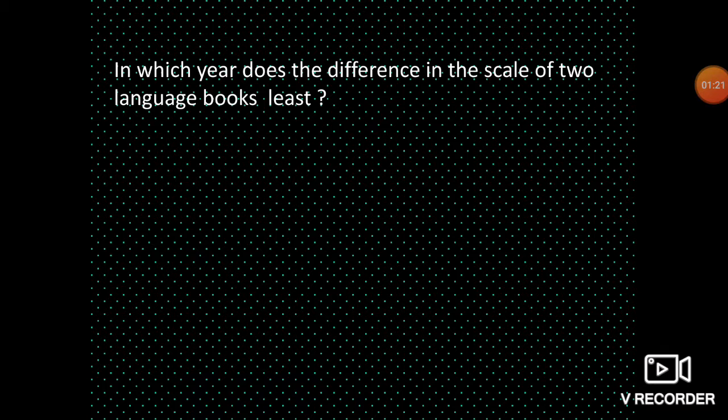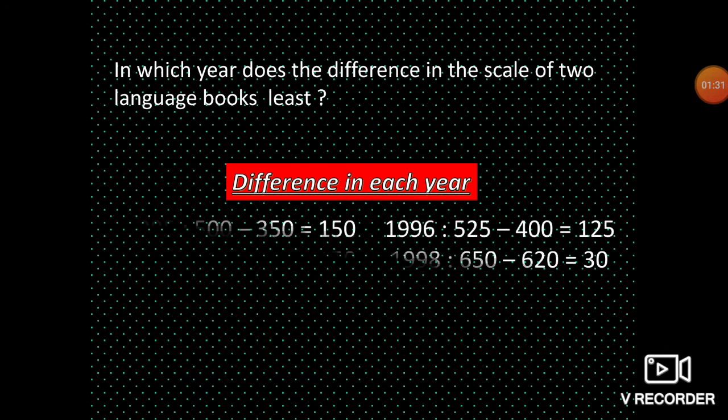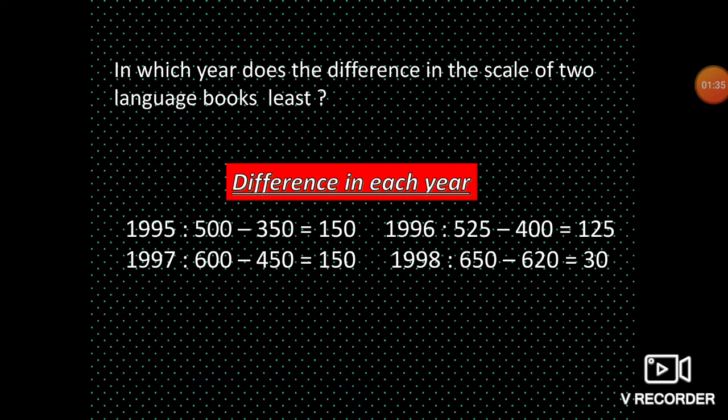In which year is the difference in the sale of the two language books least? Least means minimum. First, we have to find the difference in each year. Here you can see the difference. Difference means we subtract the numbers.